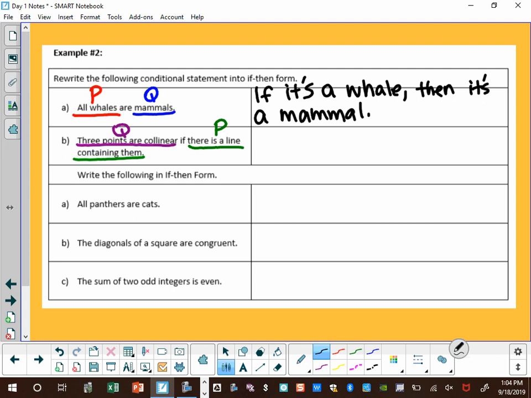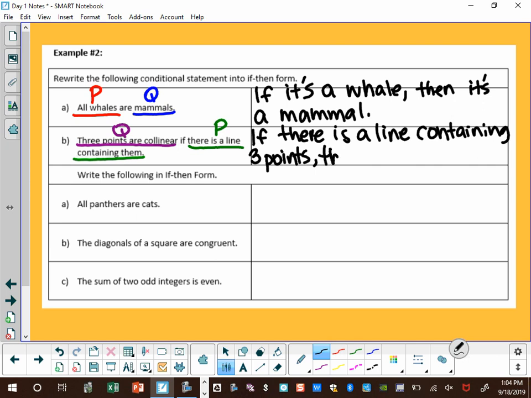I may change it a little bit and say, if there is a line containing 3 points, then the points are collinear. I just like for it to kind of make sense.